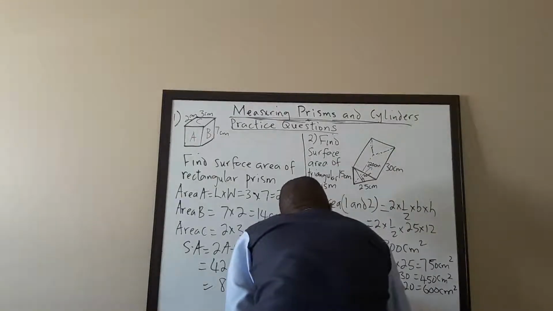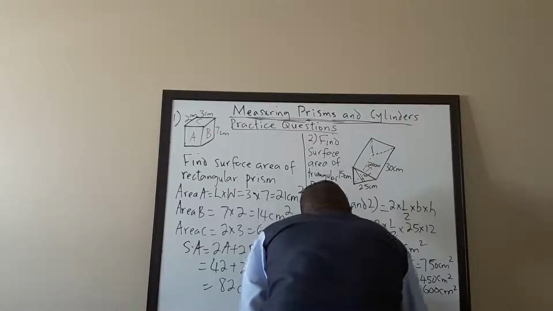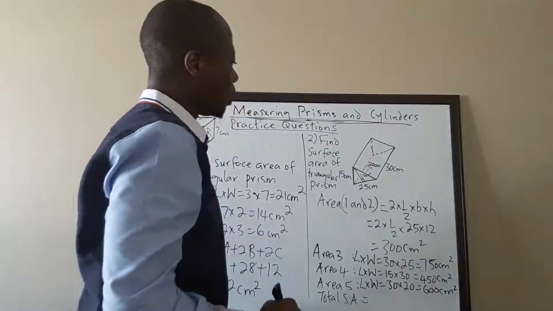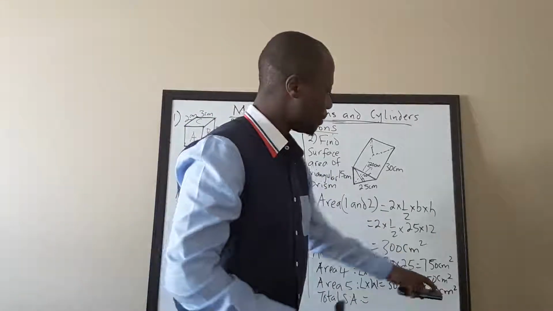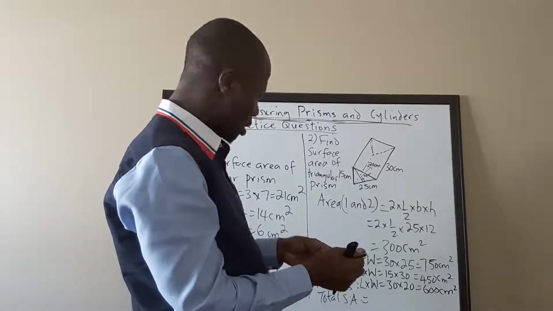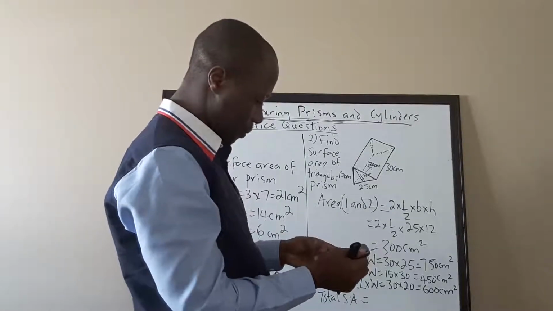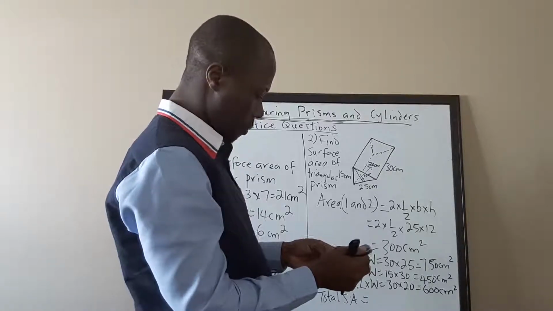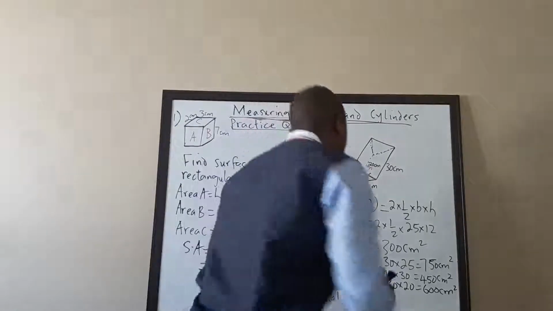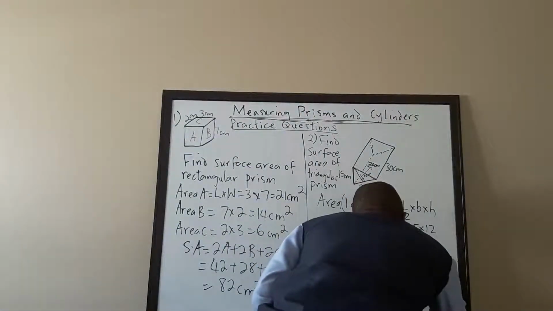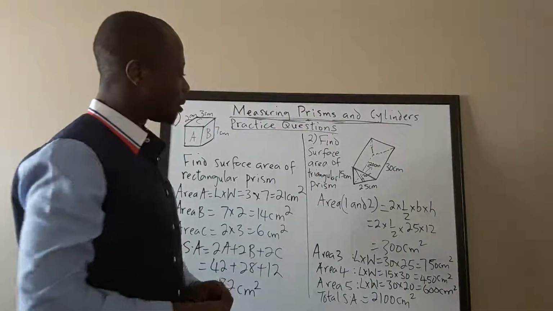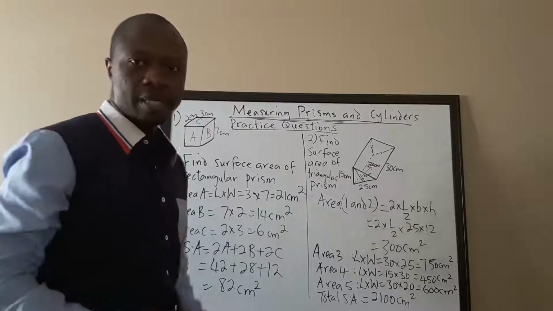So my total surface area is going to be 300 plus 750 plus 450 plus 600. So 2100. So my total surface area is 2100 centimeters squared.